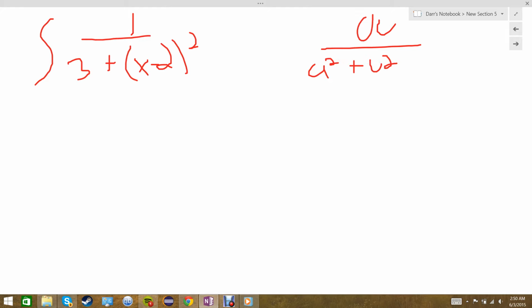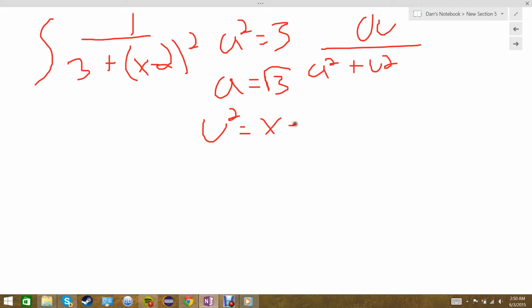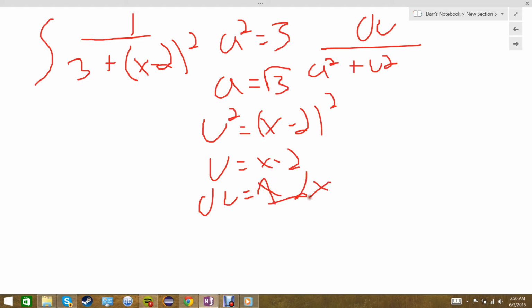So a squared equals 3, so a equals rad 3, u squared equals x minus 2 squared, so u is x minus 2, and du equals 1 dx. So it makes it a little easy on us.